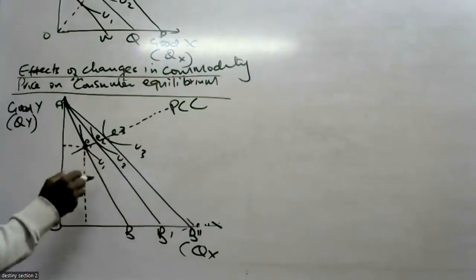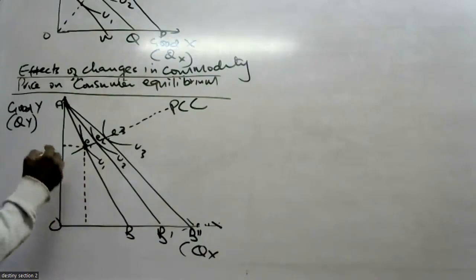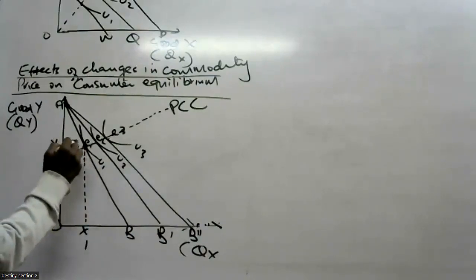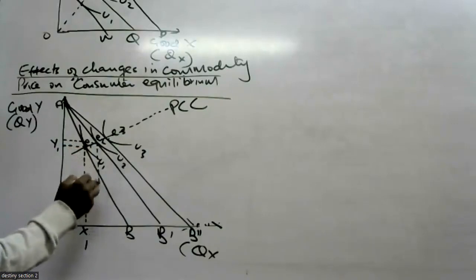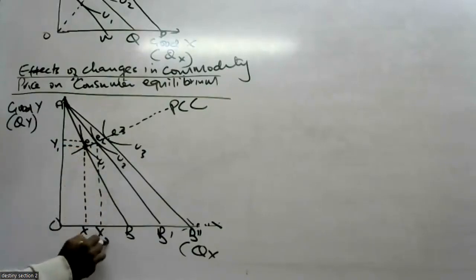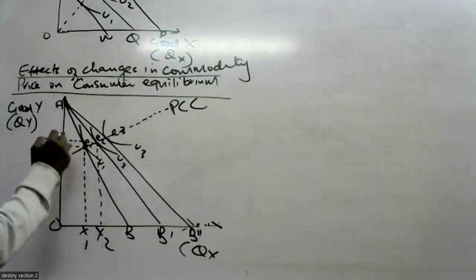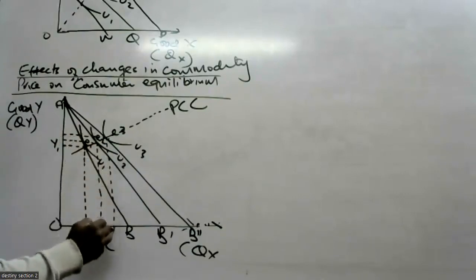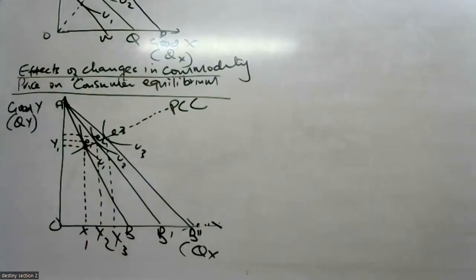When the price is P1, you consume X1 units. When the price changes, now you have X2, you increase the units of X, and the price falls even further, you have more units of X, X3, and so on.